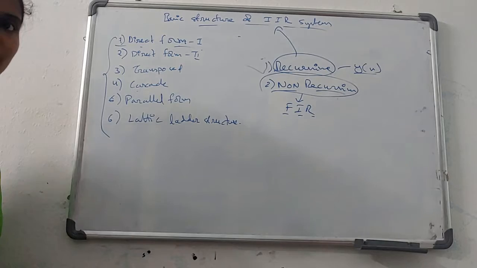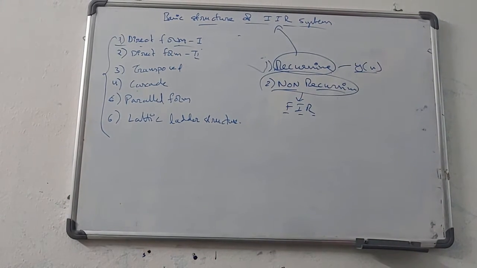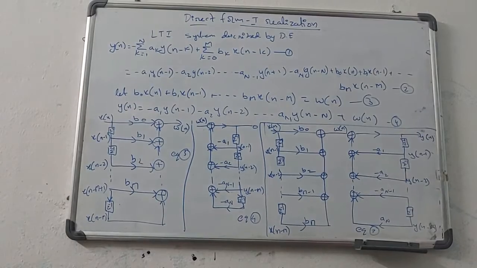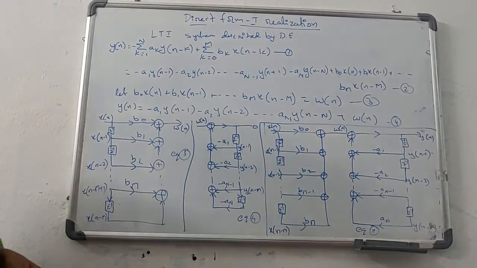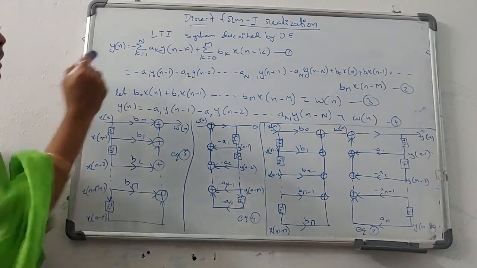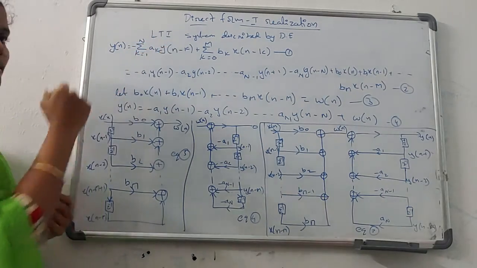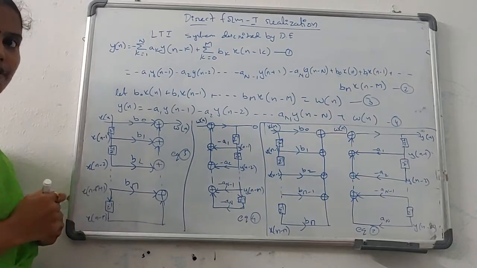The first one is the direct form 1 realization. In direct form 1 realization, let us consider the LTI system, a recursive linear time invariant system, which is described by a difference equation.